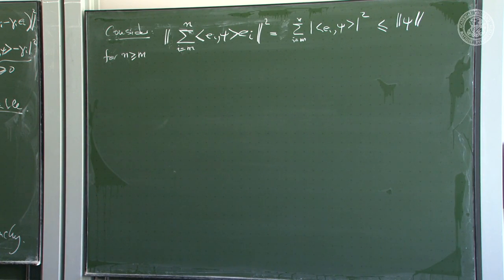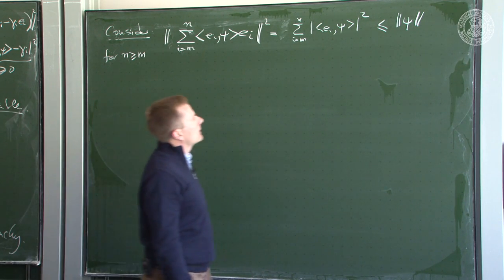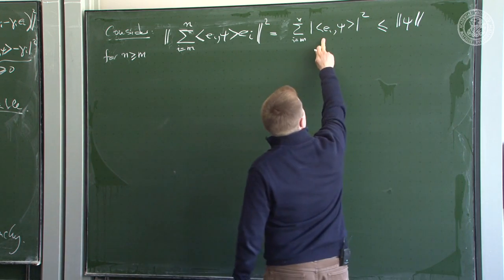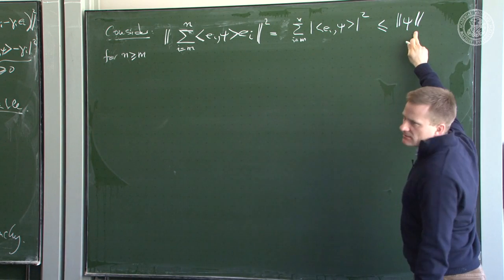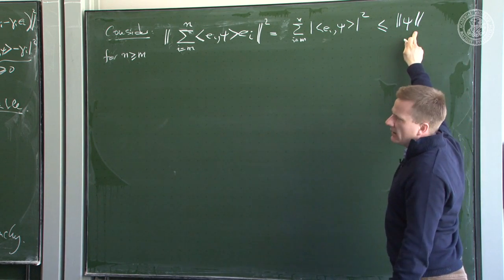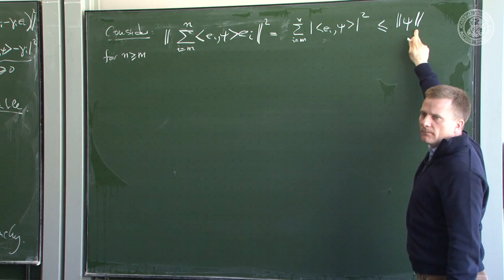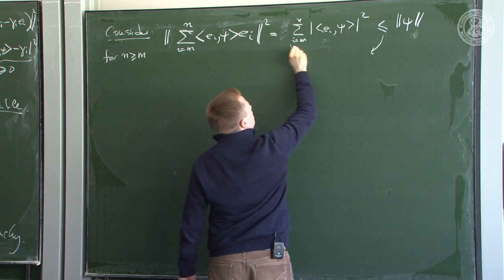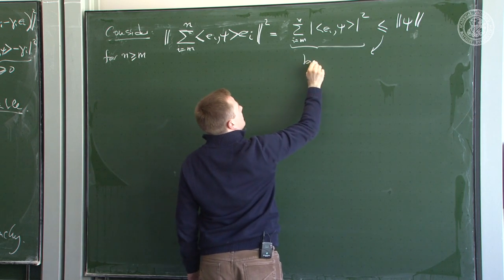Well, this is also Pythagoras, right? But that means, for any fixed psi, this is a number. So this is a bounded sequence. So from this we conclude this sequence is bounded.